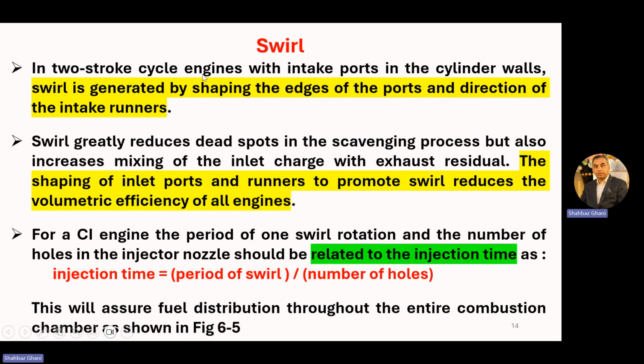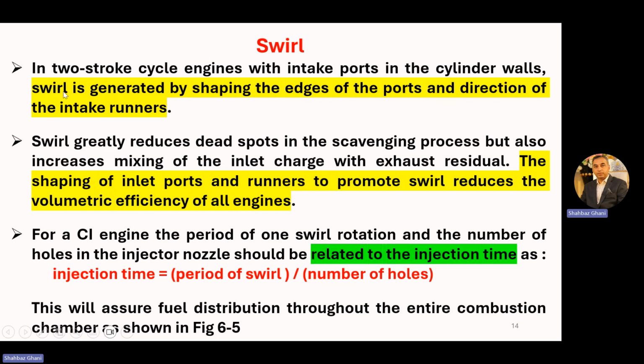In two-stroke cycle engines with intake ports in the cylinder walls, swirl is generated by shaping the edge of the ports and the direction of the intake runner. We have ports in a two-stroke engine, and we design the ports and give some angle there. So when we give some angle, the air is coming.